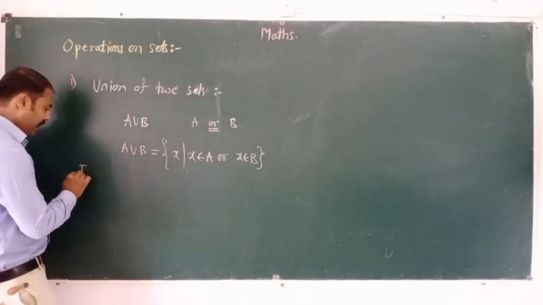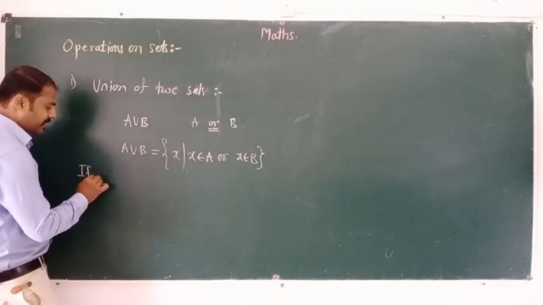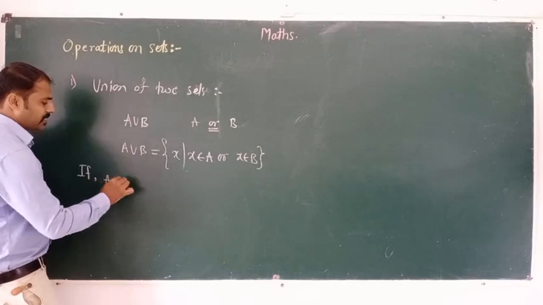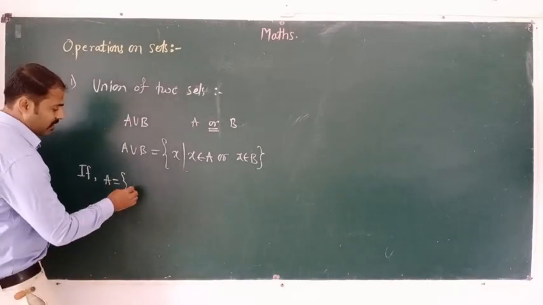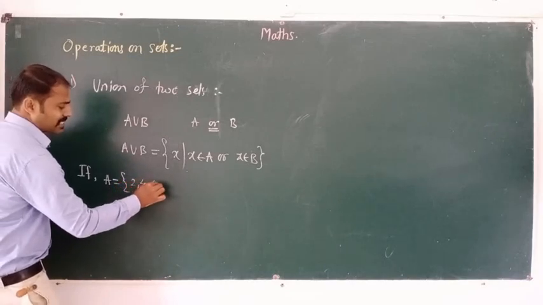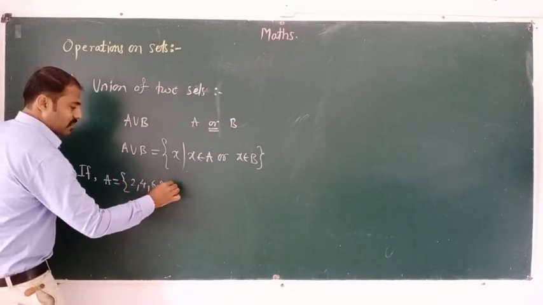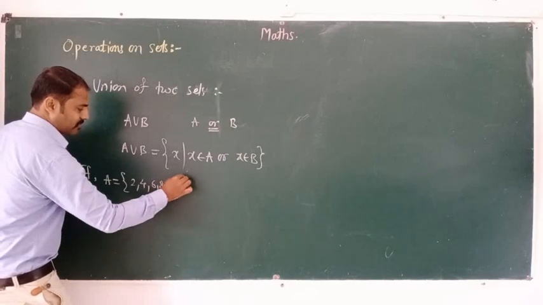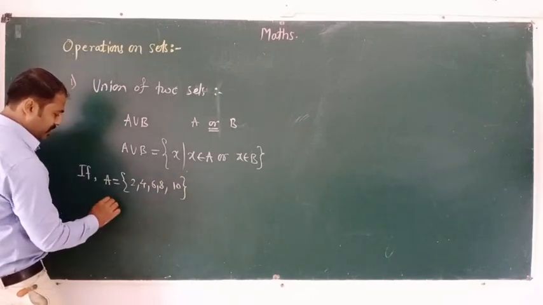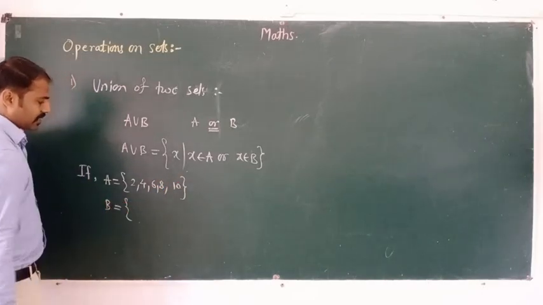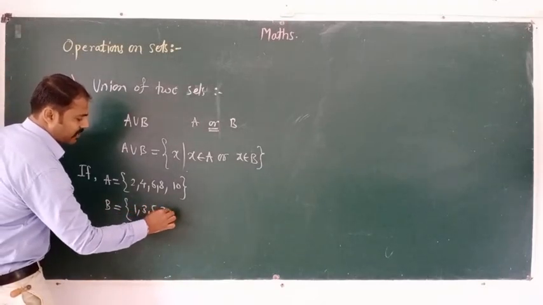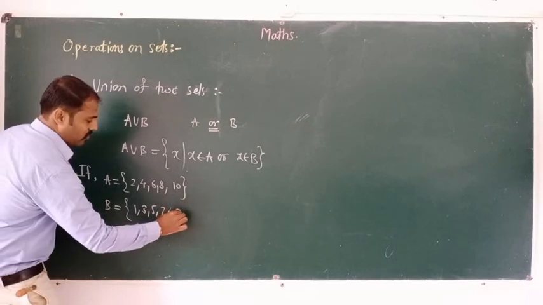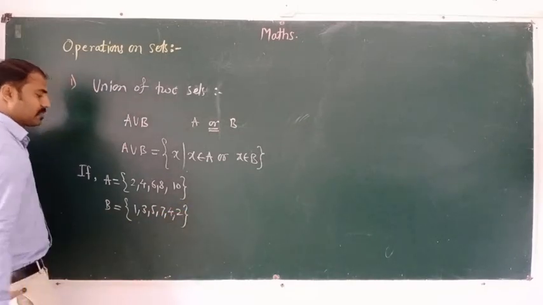If A is equal to, here I can take a set. A is the set of even numbers 2, 4, 6, 8, 10, and B can be written as, here I can take 1, 3, 5, 7, 4, 2, like this.